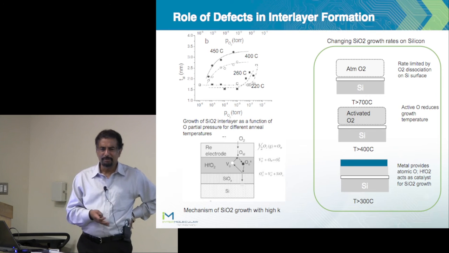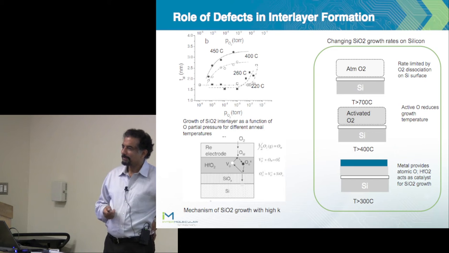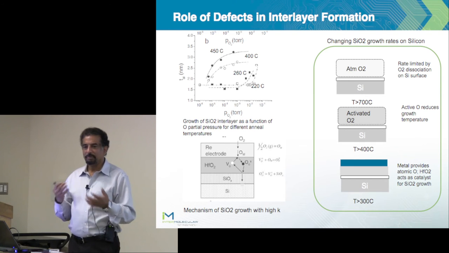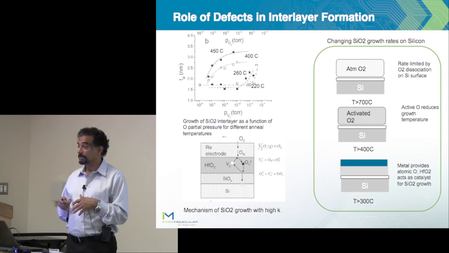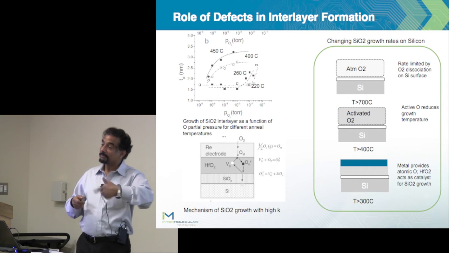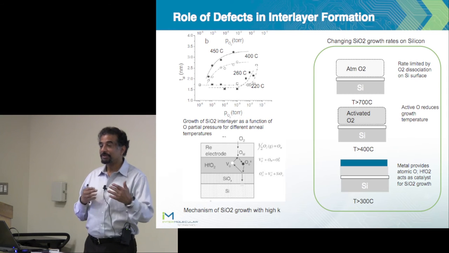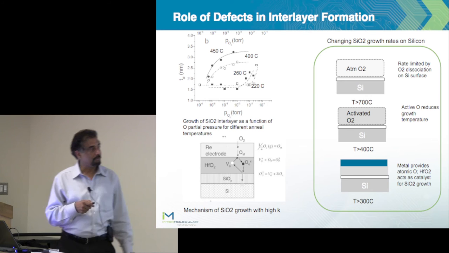And I believe one of your students, or Professor Nishi's student, were looking at plasma activated oxygen at low temperatures, right? If you have a remote plasma, you can get this active oxygen which will react with silicon at low temperatures. So you basically get over one of the barriers, but of course once you get a certain thickness, you get limited again by the diffusion coefficients.